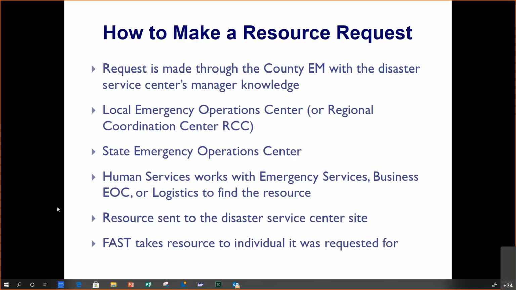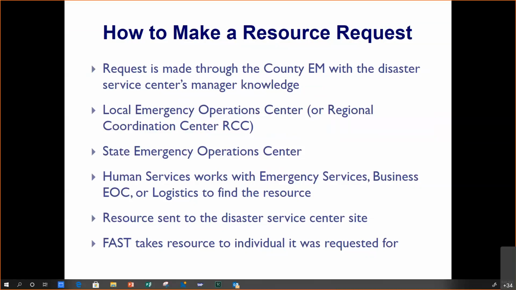Sorry, I was just reading real quick. So basically that's the summary of the flow chart. It goes through the shelter manager, who will make contact with the county emergency manager that is in contact with the state WebEOC.